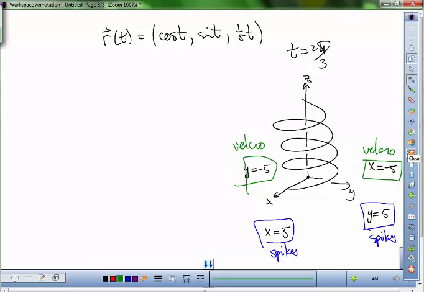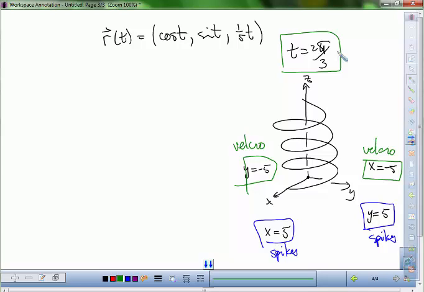So you're on this roller coaster, and then Jessica presses eject when t is equal to 2 pi over 3, and then you go flying off the roller coaster at a tangent line. Yeah, so the question is, do you, in your Velcro suit, get stuck on the wall, or do you die?